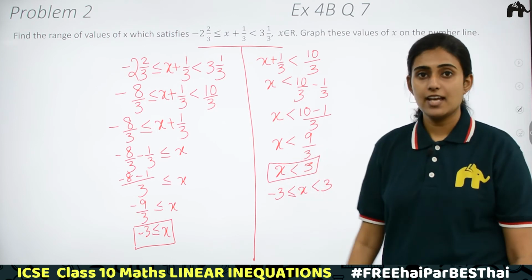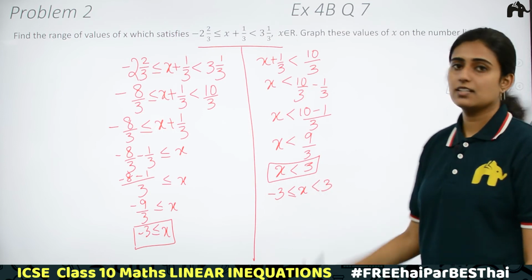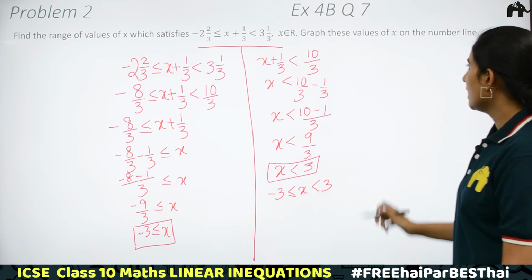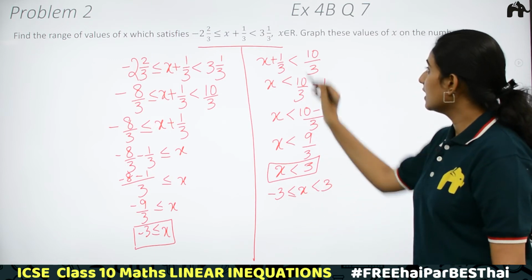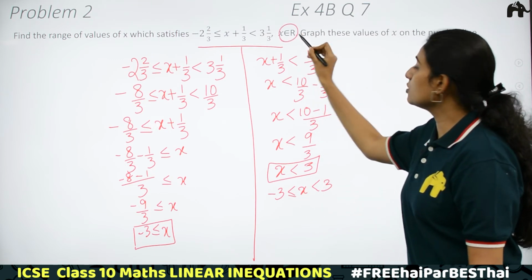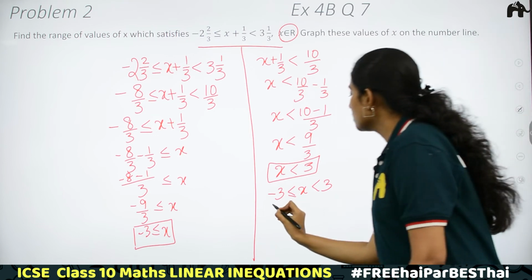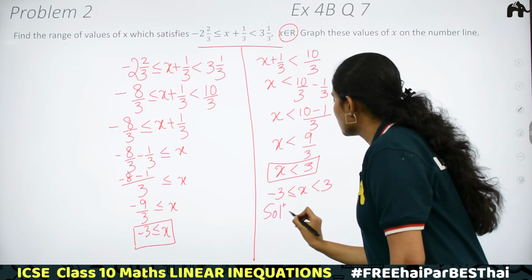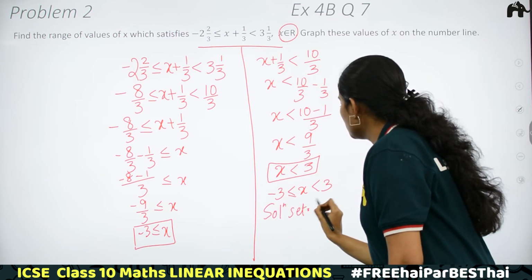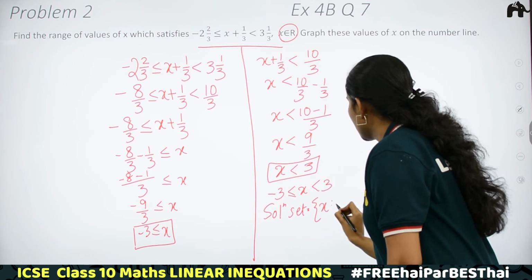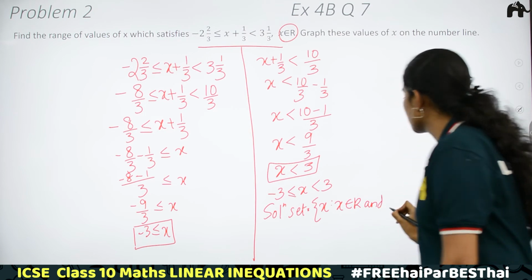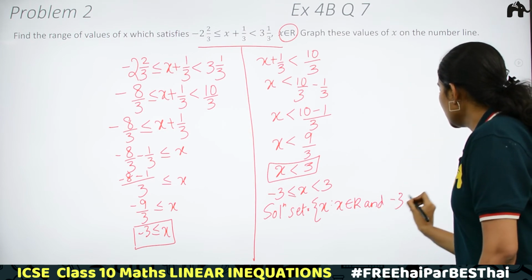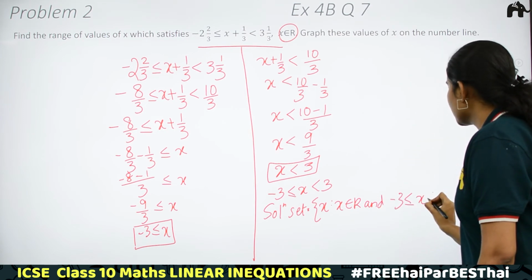Okay. Let us represent this on the number line. Now, if we are writing the solution set, here x belongs to R is the replacement set. And the solution set is equal to x such that x belongs to R and minus 3 less than or equal to x less than 3.